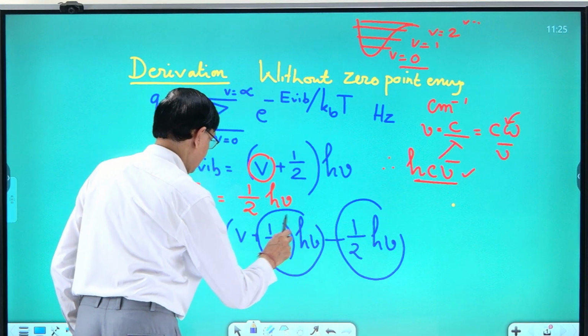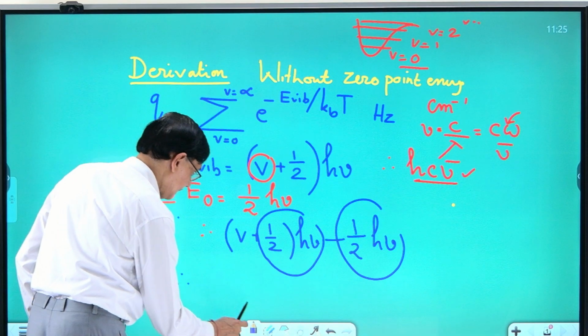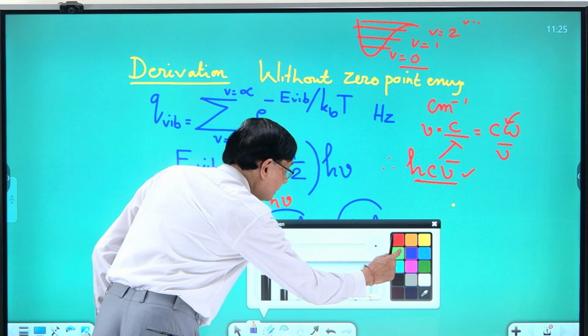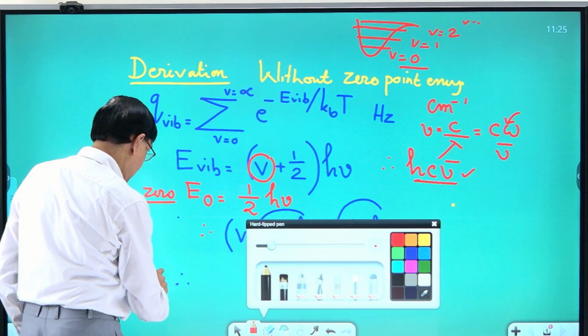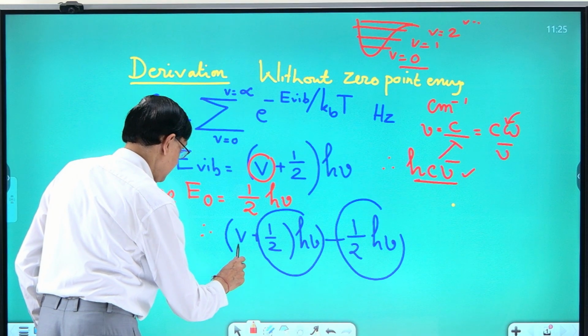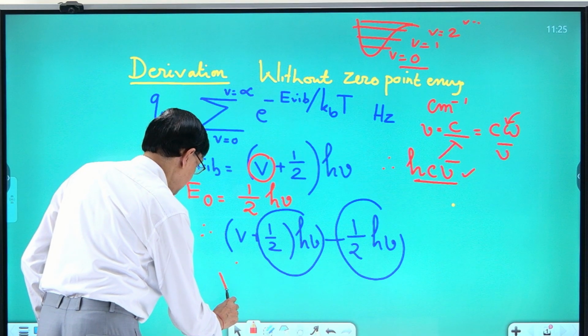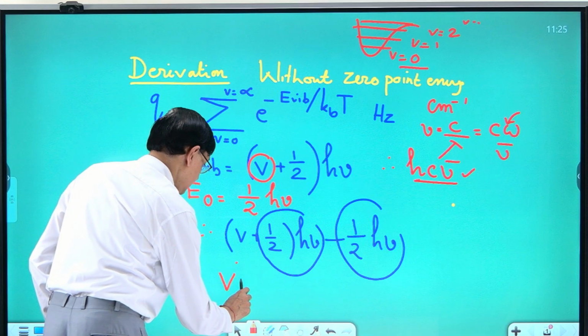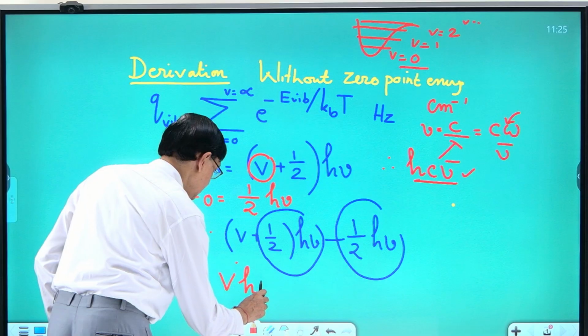So what I am getting, again in red color, is that the actual vibrational energy is equal to V h nu.